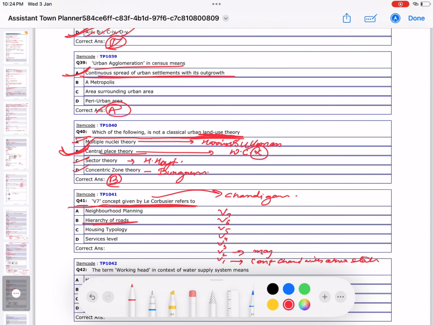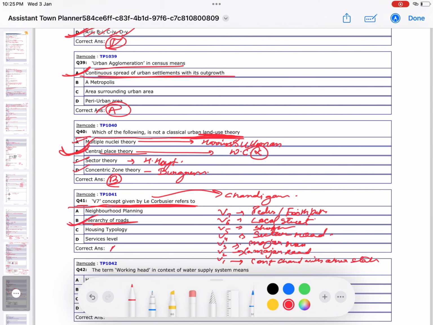Connecting major road, pedestrian or footpath, local street, shopping street, sector road.